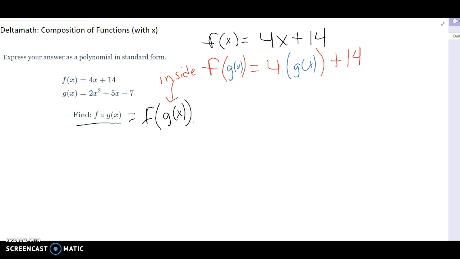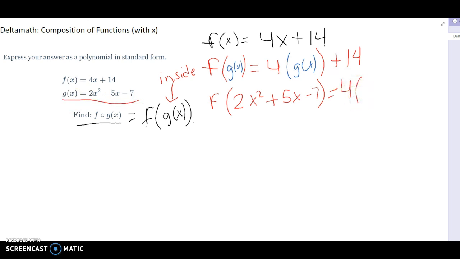Now, what is g of x? G of x is 2x squared plus 5x minus 7. That is what my g of x is. It's given to me right here. So on this side, I'm still going to have my 4.